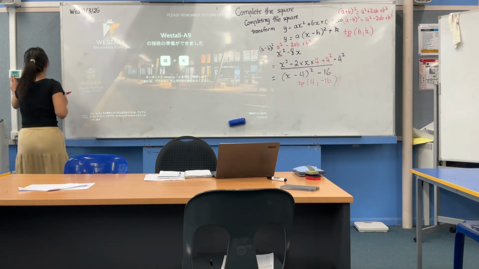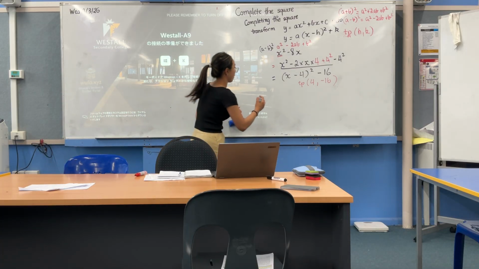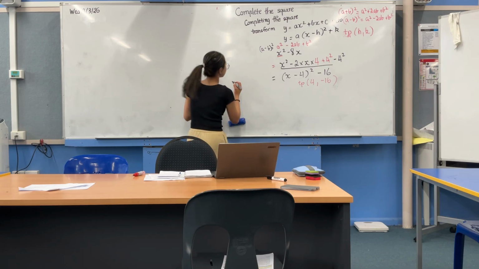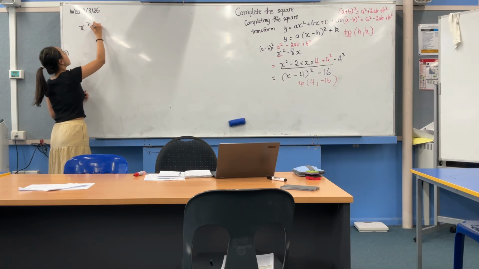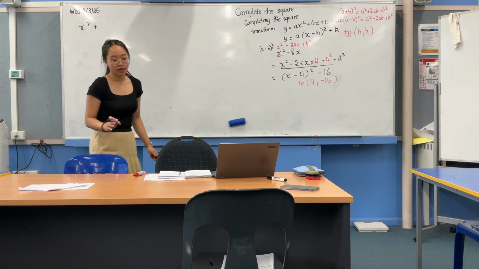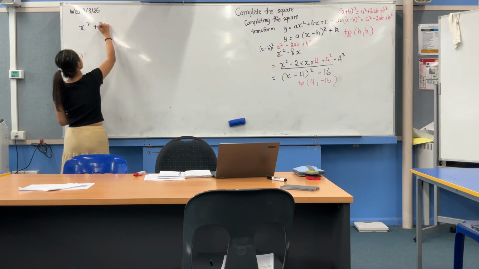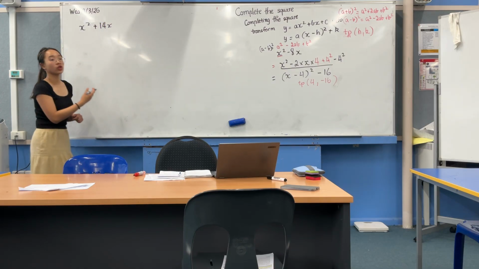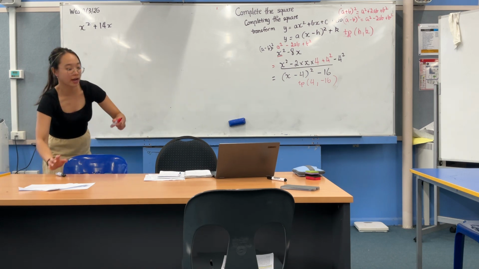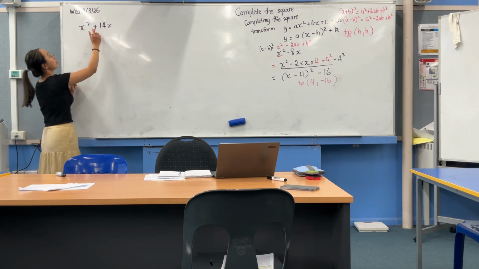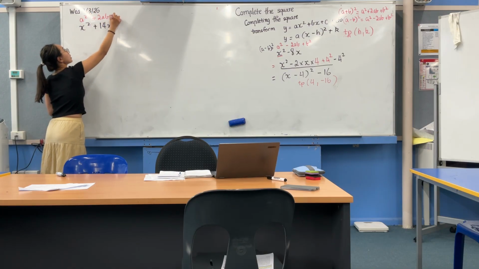Alright, let's say that Ms. Ma has x squared plus 14x, let's say. Alright, now in order for Miss Ma to complete the square, I need to know it's going to be a squared plus 2ab plus b squared.